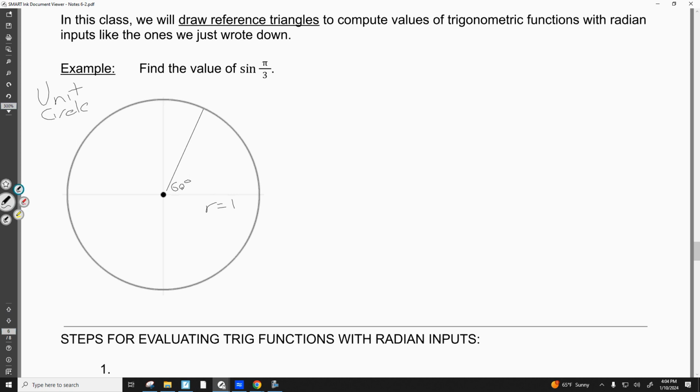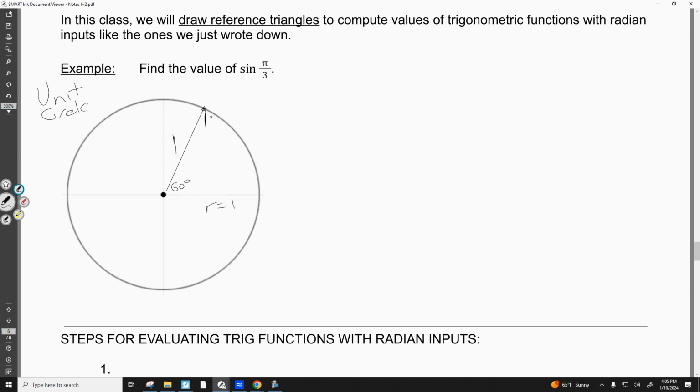What we're about to do is combine what we did on day 1 with what we just did right here. Because this is a circle with radius 1, I know this length. What's that length? This is the length of 1. I'm going to start up here where my terminal side intersects with my unit circle, and remember how we were drawing triangles with x, y, and r?